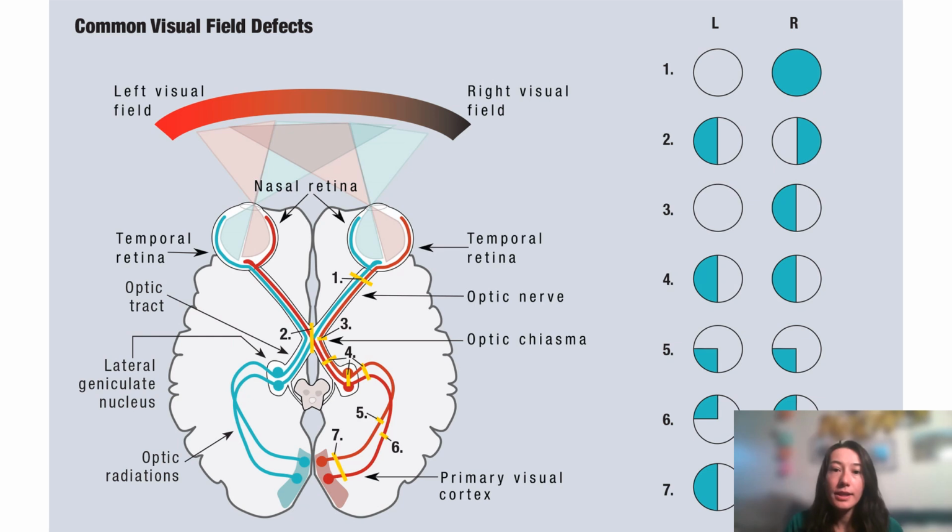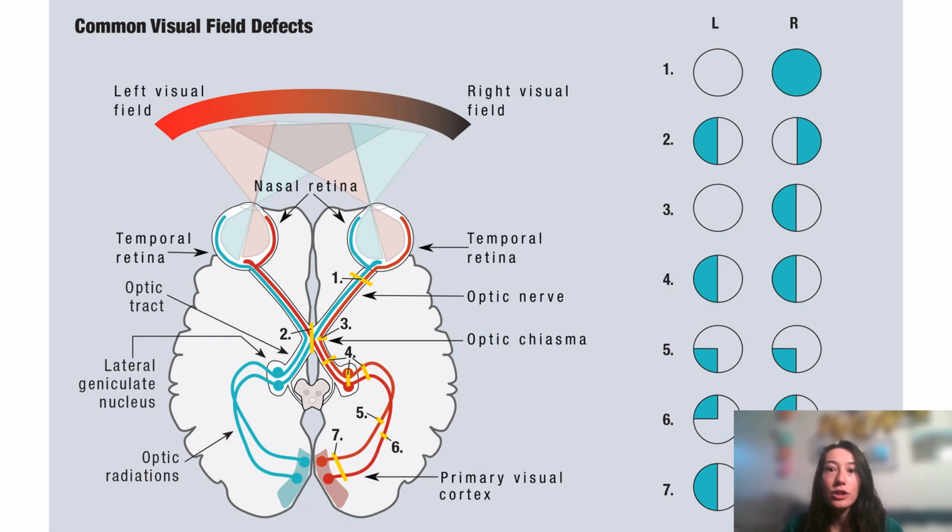Now, let's follow these blue and red lines, and we're going to see that it eventually reaches a junction, and this junction is called the optic chiasma. What I think is tricky is that sometimes when we learn about the optic chiasma, you almost feel that everything crosses over. But if you look at the colors, you can actually see that is not the case. For example, follow the two blue lines coming from each respective eye.